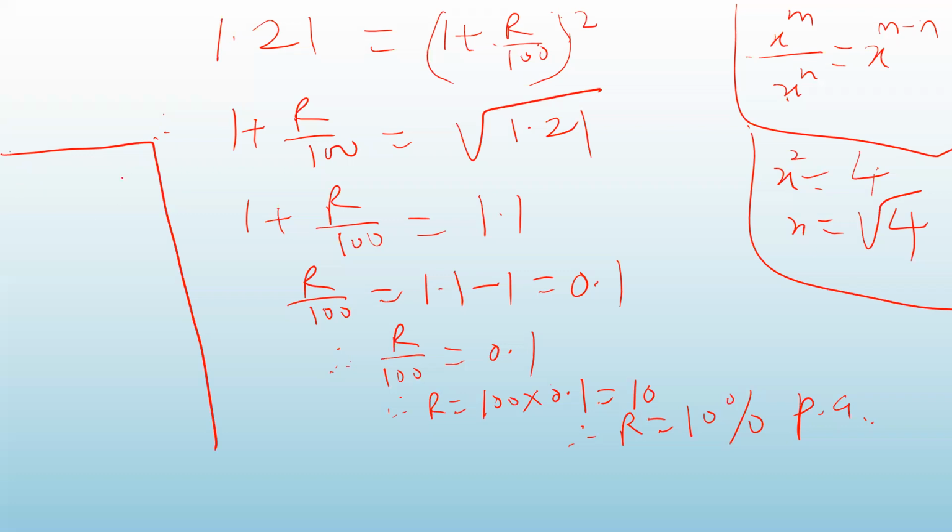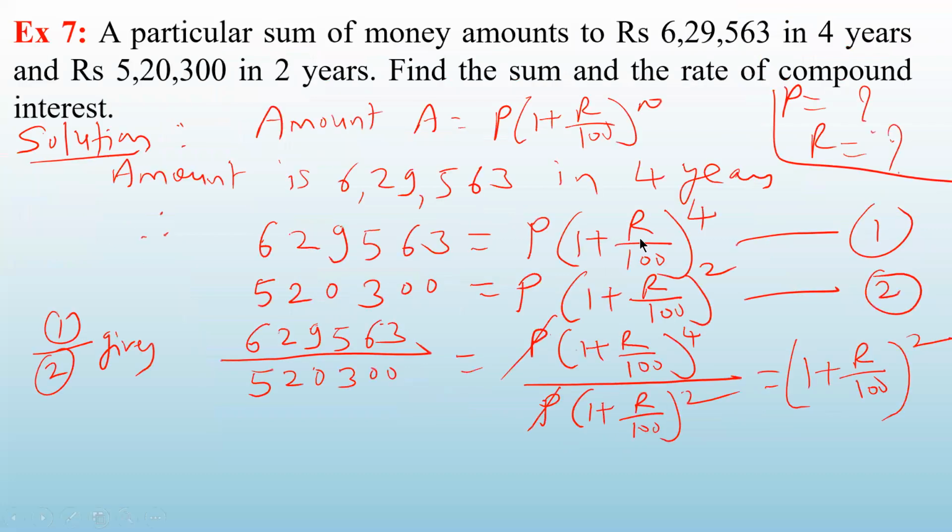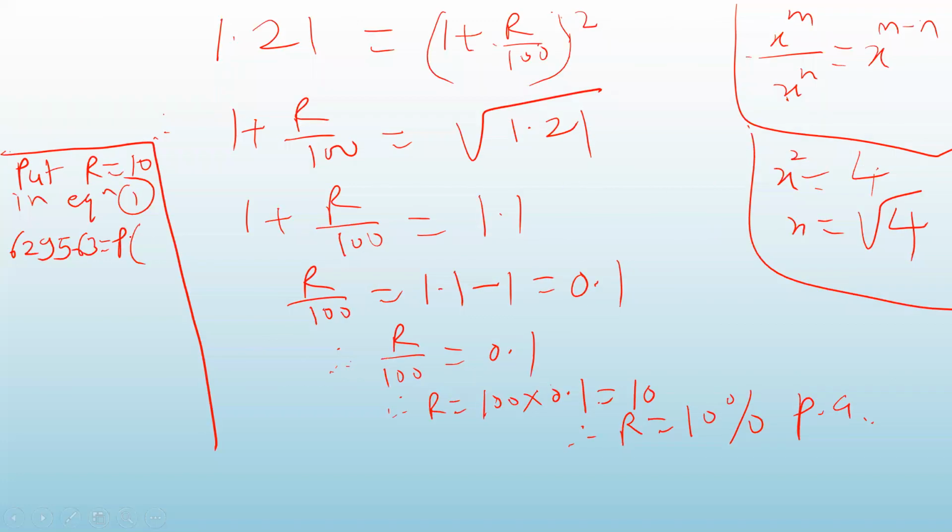What is equation 1? 629563 is equal to P into (1 plus R upon 100) raised to power 4. P into (1 plus R upon 100), where R is 10, so 1 plus 10 upon 100, raised to power 4. Okay.